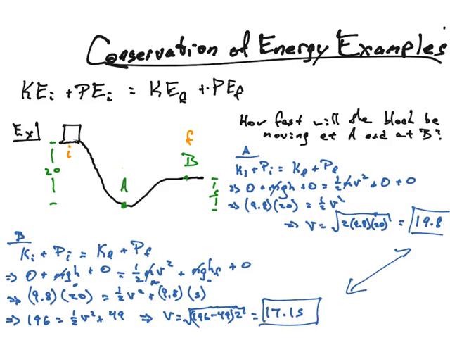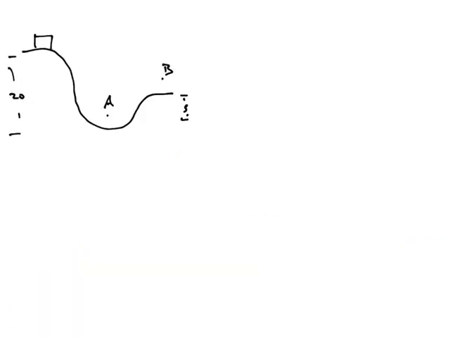So here's B, here's A, here was our block, from here to here was 20, here to here was 5, and I found in part A that the velocity here was 19.8.